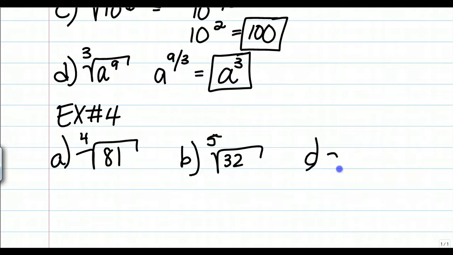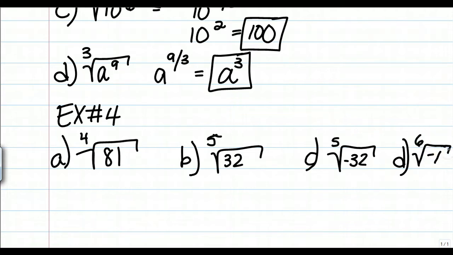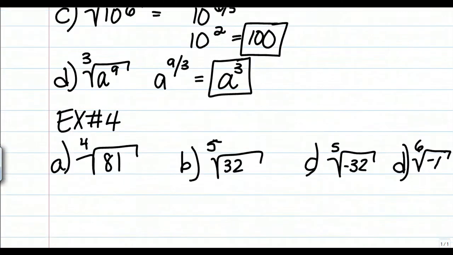C is the 5th root of negative 32. And D is the 6th root of negative 1. Okay, same thing as we did in example 3A and B.